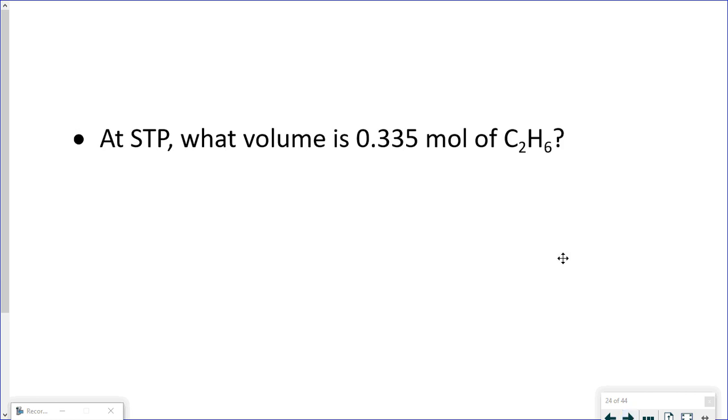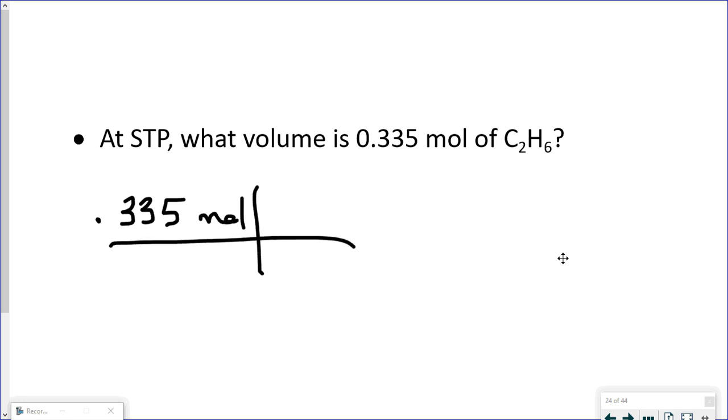At STP, what volume is 0.335 moles of ethane, the C2H6? Same process. You're going to start with whatever's given, which is the 0.335 moles. Since we're looking for liters, moles goes in the bottom on our next step. Liters goes on top. 1 mole is equal to 22.4 liters.